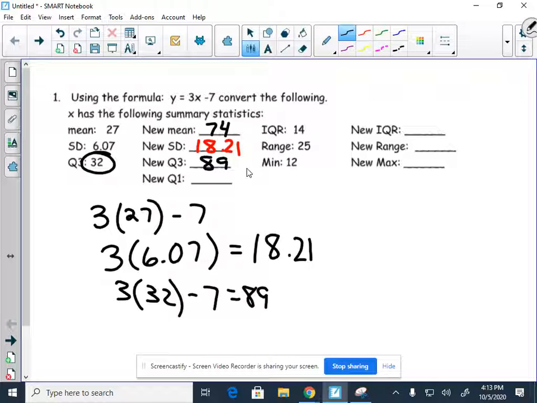Q1, we don't have the original Q1, so we're going to have to use the IQR. The IQR is 14. So the original first quartile must be 18. We just use that IQR to help us find the difference. Now you're going to substitute 18 in there. So 3 times 18, subtract 7.